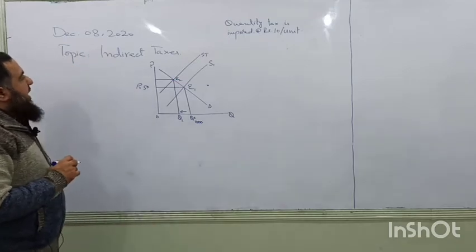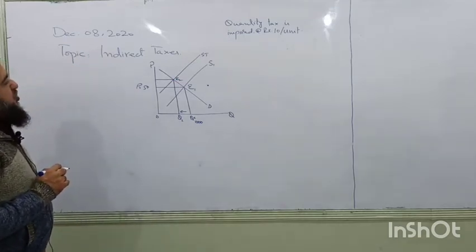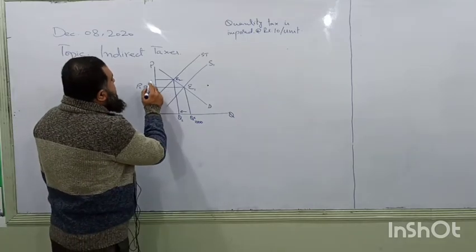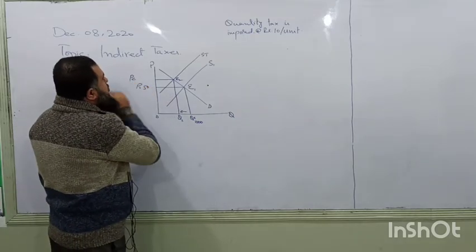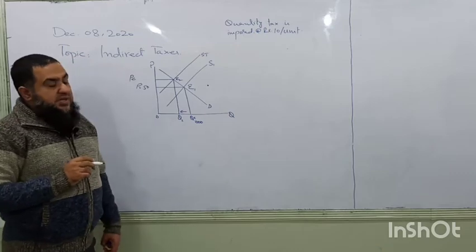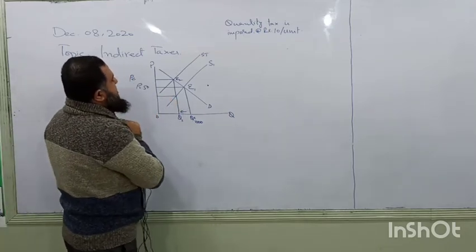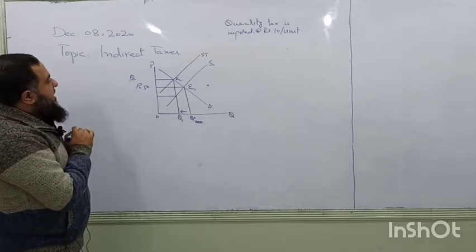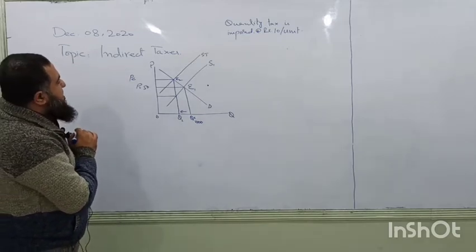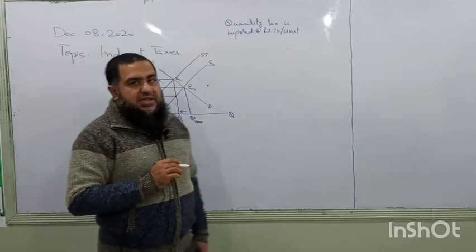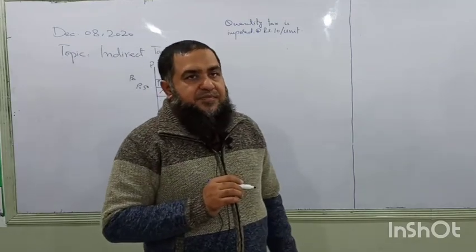How much will be the price after the tax a consumer is going to pay? We see this is the price paid by the consumer after the tax, and the seller will receive this lower price. When government has imposed this tax, the price for the consumer is now higher than before the tax.